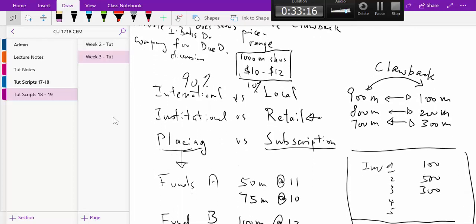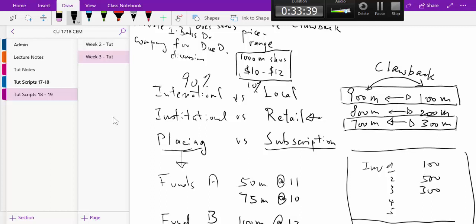So let's say there is a clawback, and we are now going to split that 1 billion shares not in a 90-10 proportion, but let's say 70-30. So 300 million will go to the retail and 700 million will go to institutional.